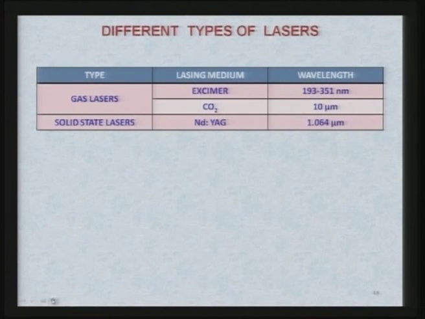Gas lasers are CO2 gas lasers, which have 10 micron as the wavelength, and excimer lasers, which have 193 to 351 nanometer as the wavelength, which is smaller than the CO2 laser, and solid state lasers, namely the very famous Nd:YAG laser, which has 1.064 micrometer as the wavelength.